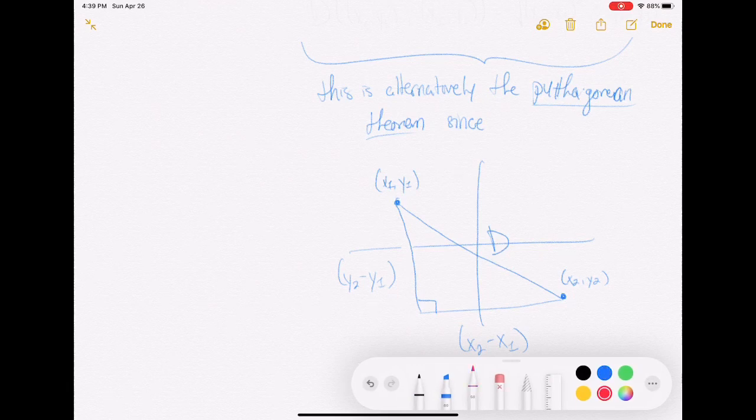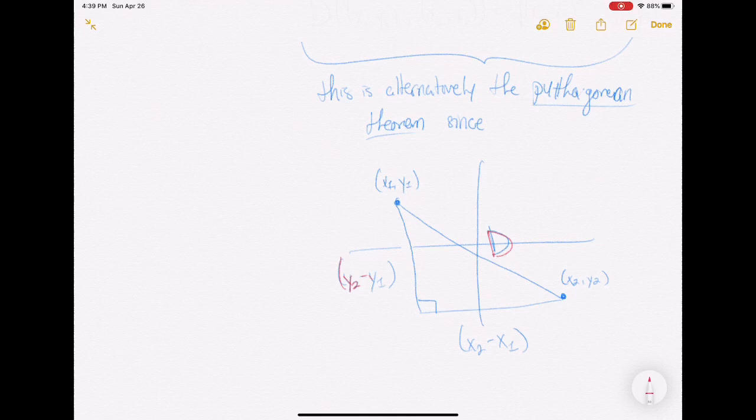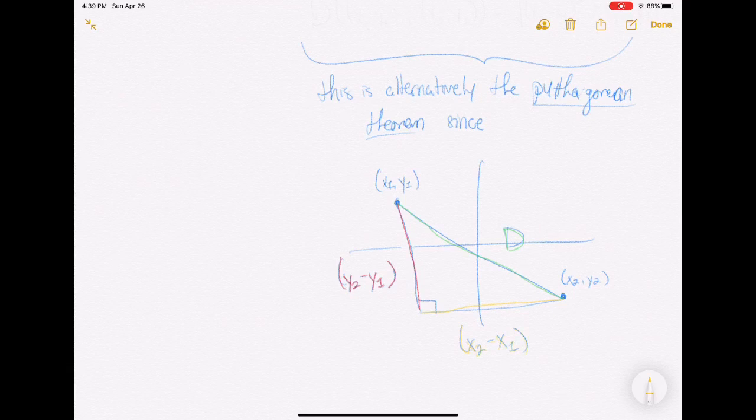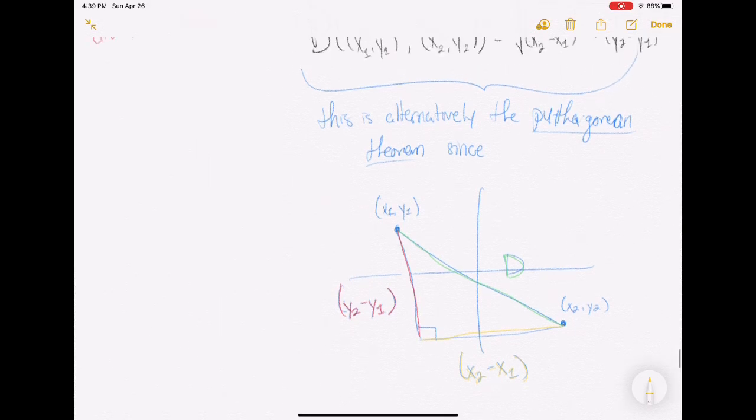Put those in different colors. That's important. So those are the lengths there. And of course, if you perform the Pythagorean theorem on this, then you would get exactly the distance formula I gave above.